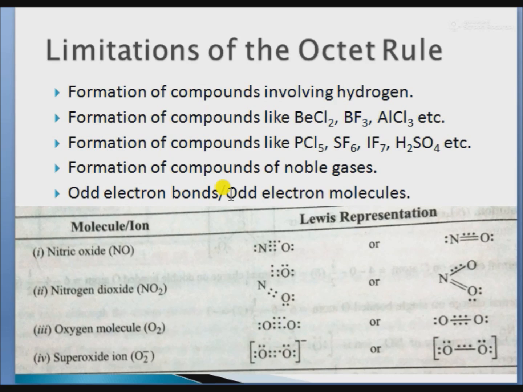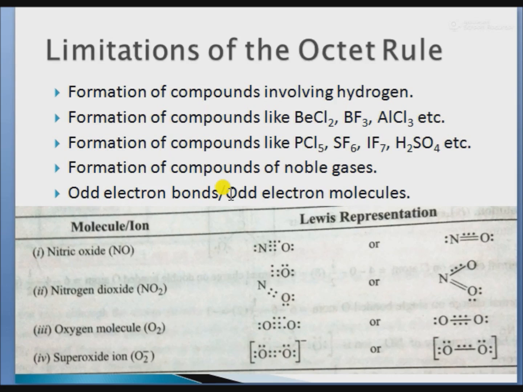Next is it could not explain the formation of compounds like PCl5, SF6, IF7, H2SO4, etc. All these compounds are electron rich compounds. They contain 10 electrons in their octet, more than the 8 electrons according to octet rule, although they form compounds.